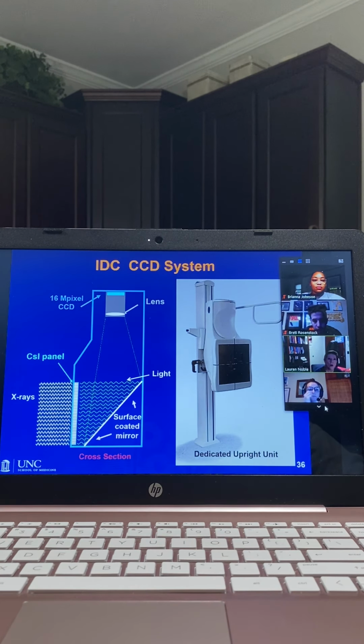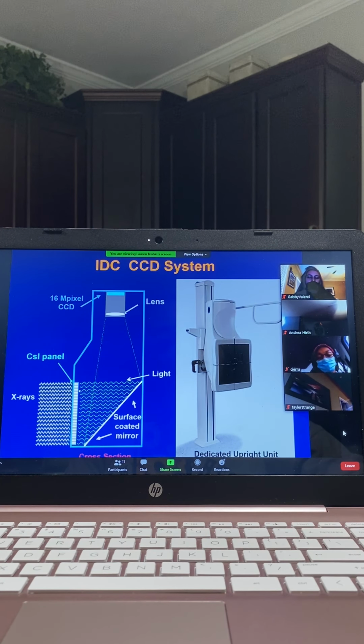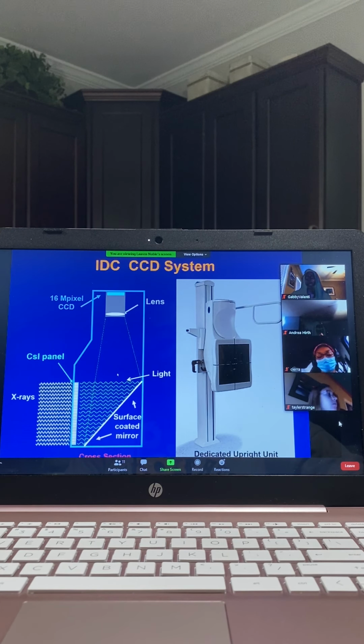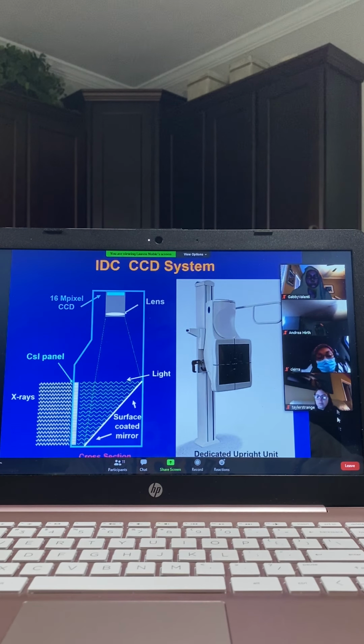There was some loss of spatial resolution though, because look how far away the cesium iodide panel is in relationship to the lens. So you've got all this distance, and anytime you increase your distance, there's a chance that you are going to have light photons that spread out a bit too much, and that degrades structural edges.